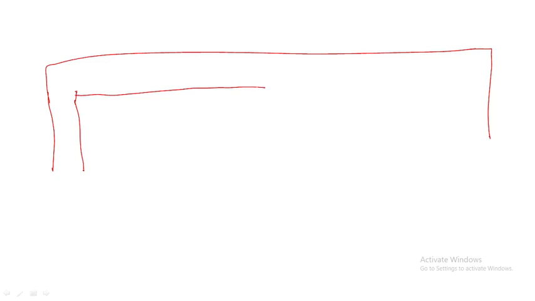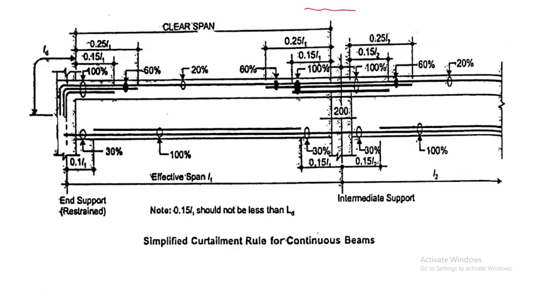At the center you have another support here, like this. You have one support at the middle and two supports at the ends. Okay, and you can see there are lots of different diameters, different bars at the top and bottom. At the bottom also there are different reinforcement, and at the top also.